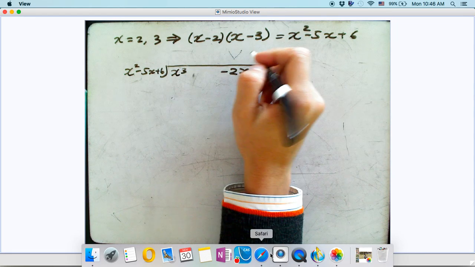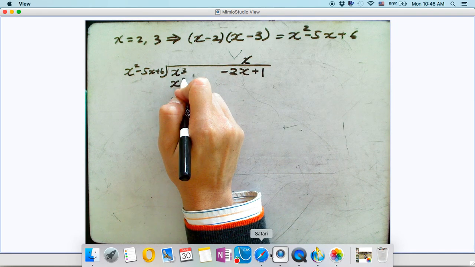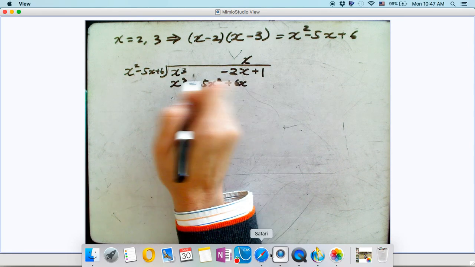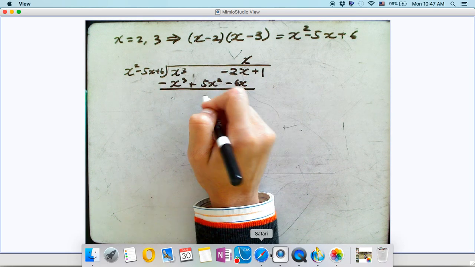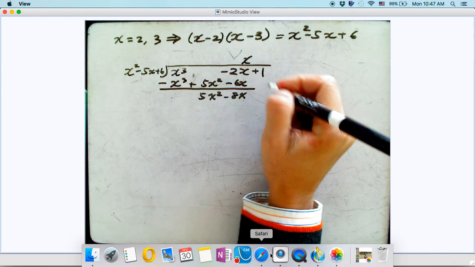Then we have x times that, which is x cubed minus 5x squared plus 6x. Subtracting, we get 5x squared minus 8x plus 1.